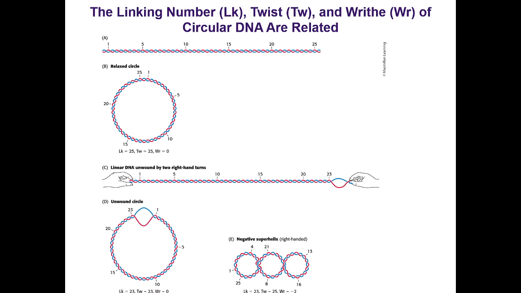All right. So there's a few different numbers we have to keep track of and understand when we are looking at DNA structures. And these are the linking number, Lk, the twist number, Tw, and the writhe number, Wr. And again, these are going to be for that circular DNA, and these will actually be related to each other.